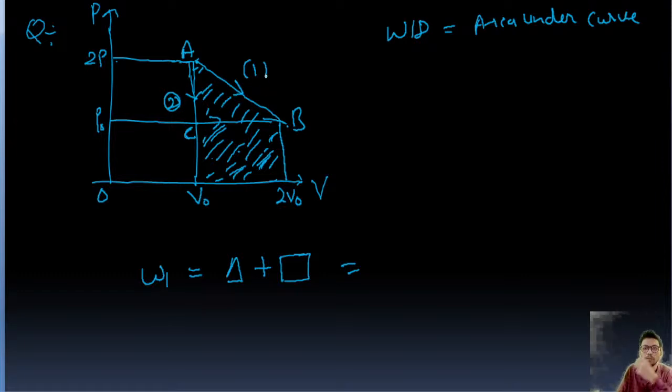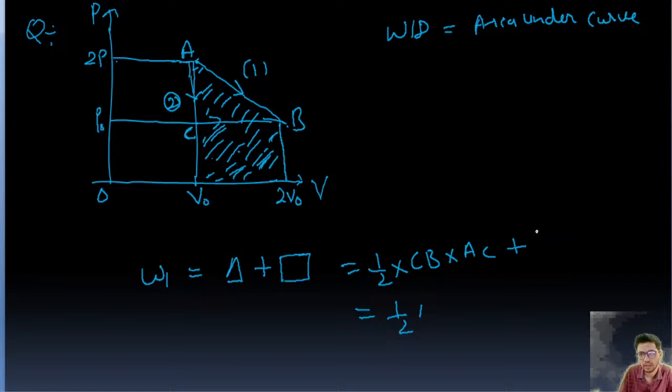So W1 we are going to find. W1 is the area of the triangle plus the area of the rectangle. The area of the triangle is 1 upon 2 base into height. The base is this distance CB, and the height is AC, so this is 1 by 2 CB into AC, plus the area of the rectangle, length into width.